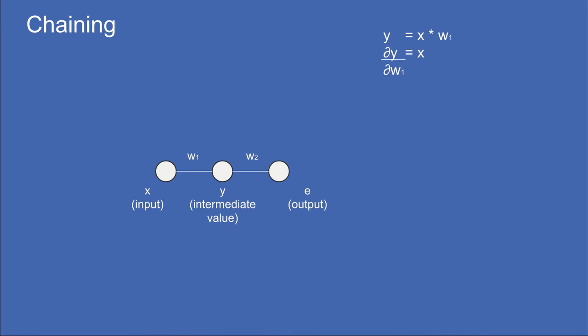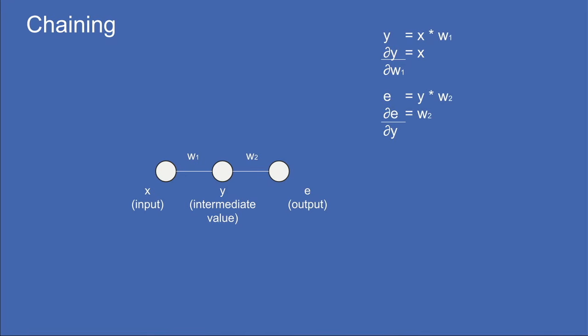So the derivative of y with respect to the weight is x. What that means is if I change W1 by 1, then the value of y will change by the value x, whatever x is. We have the slope of this piece of the function.